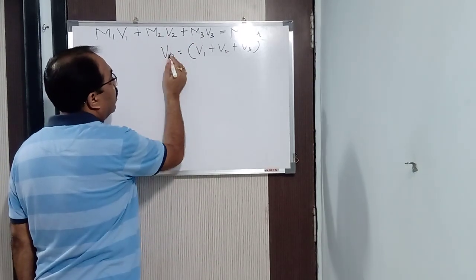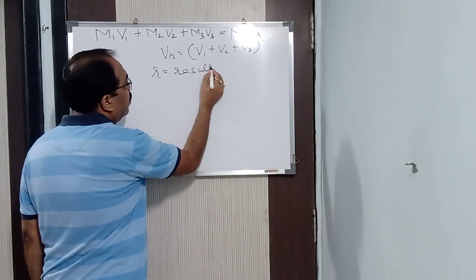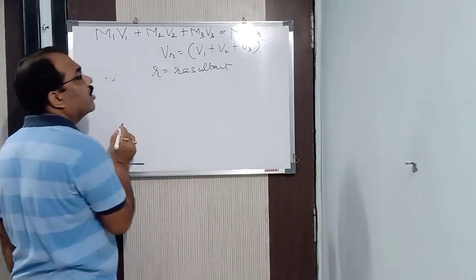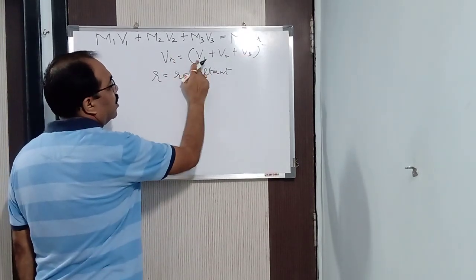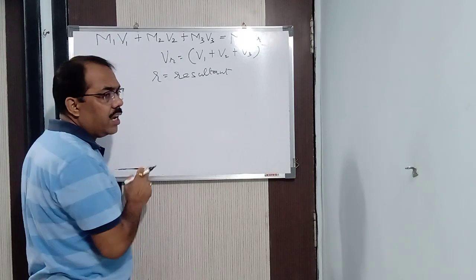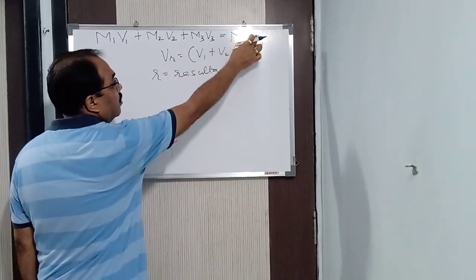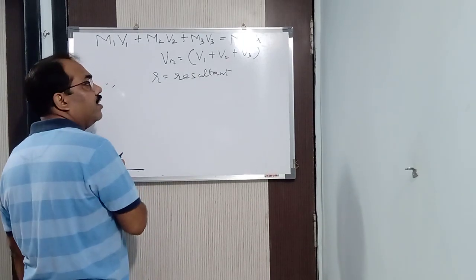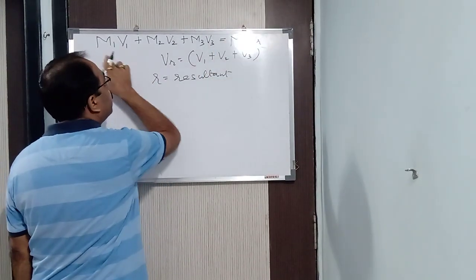That is your VR. R stands for resultant. So it is 120 plus 30, which is 150 ml of acid. That we can calculate, but the resultant molarity we will calculate in this way.